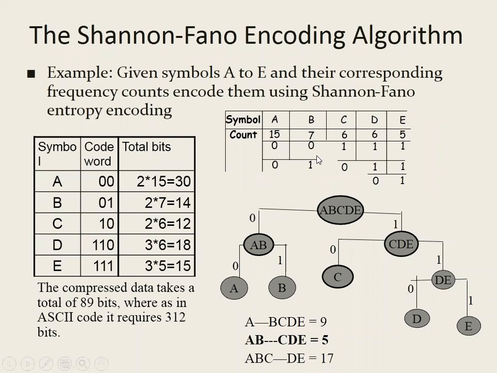But after compression using Shannon-Fano, since the code words are minimal as compared to ASCII code, the 15 A, 7 B, 6 C, 6 D, and 5 E require only 89 bits. So more than 15% compression is possible.